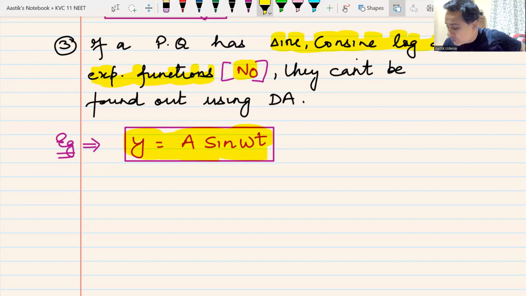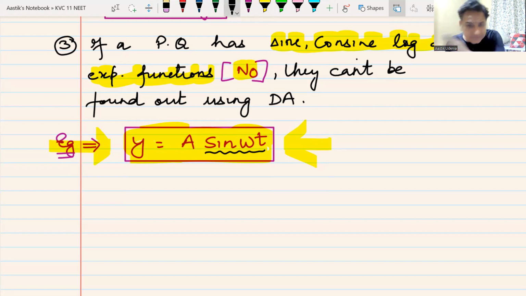This is the formula of displacement in a simple harmonic motion. Now, this particular equation has sine coming into it. This entire thing has sine. Now, this formula cannot be derived using dimensional analysis. Do we understand this?